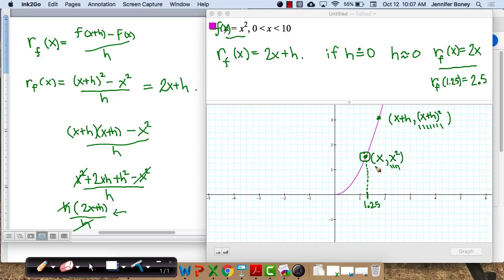So at this moment, when the side length of our square is 1.25, the area is increasing at a rate of 2.5 square units per unit side length.